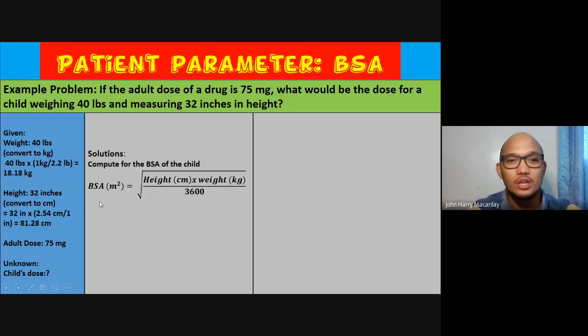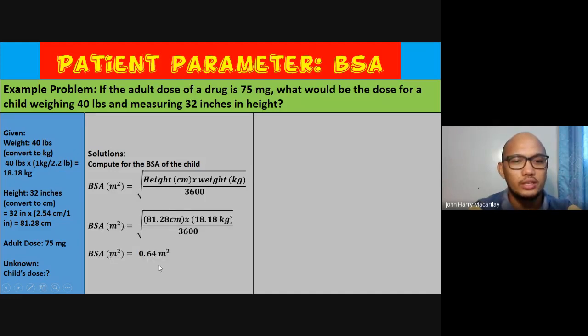Next would be the height of the patient. Since this is in inches, we have to convert now the unit from inches to centimeters by multiplying 32 inches with a ratio that is equivalent to 2.54 centimeter over 1 inch. The answer now is 81.28 centimeter. And substitute now your given: the height in centimeters and the weight in kilograms, divided by 3,600, and then get the square root of the answer.